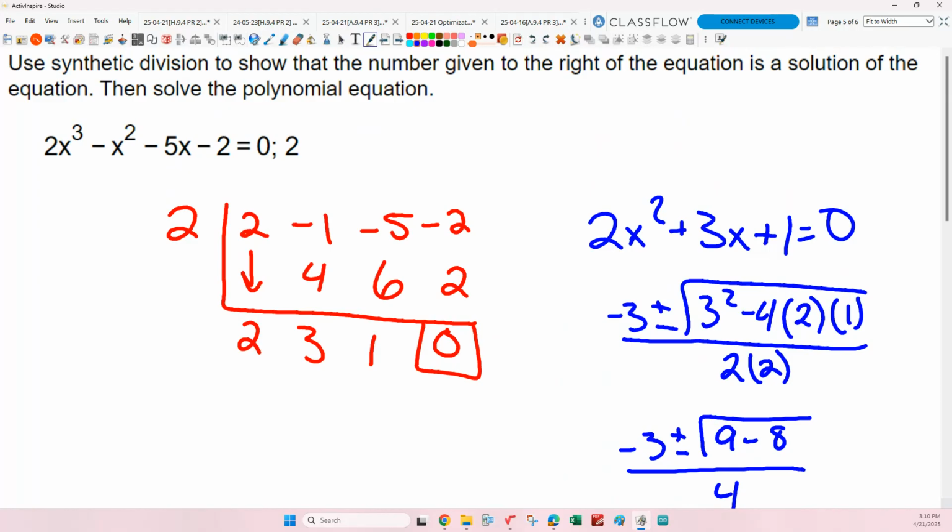How can we write those as factors? Because we got negative 1, negative 1/2, 2. Because if it's x plus k or x minus k, how do I write that one as a factor?